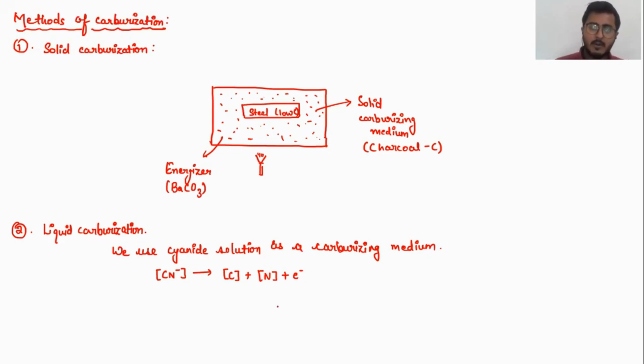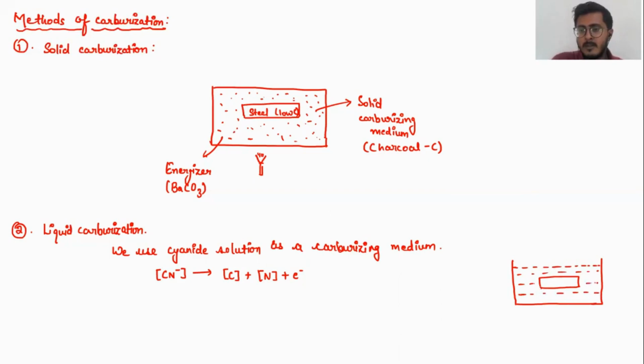Okay, so they are being absorbed over the surface. If I just draw the diagram, it is much clearer. Okay, this is my cyanide solution, and this is my low carbon steel block.